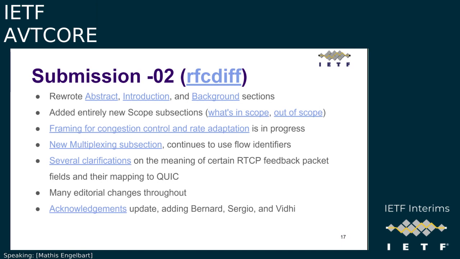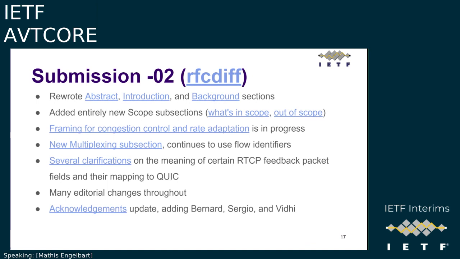The introduction now has a subsection on background, and we have two new subsections on what is in scope and what is out of scope. Then we added new terminology points for congestion control and rate adaptation. We will go into a bit more detail on congestion control later. So these terminology parts may change, but we added them for now to have a start.